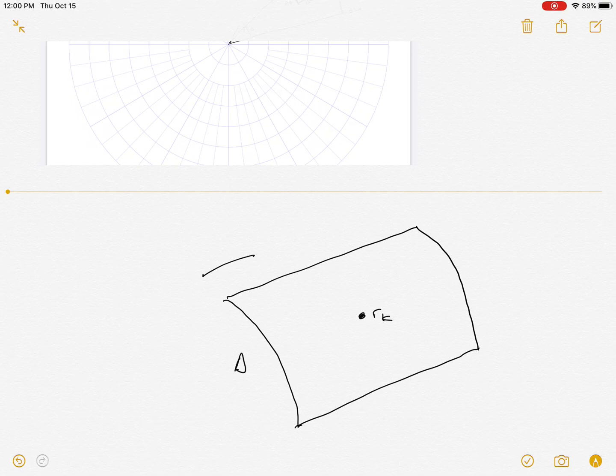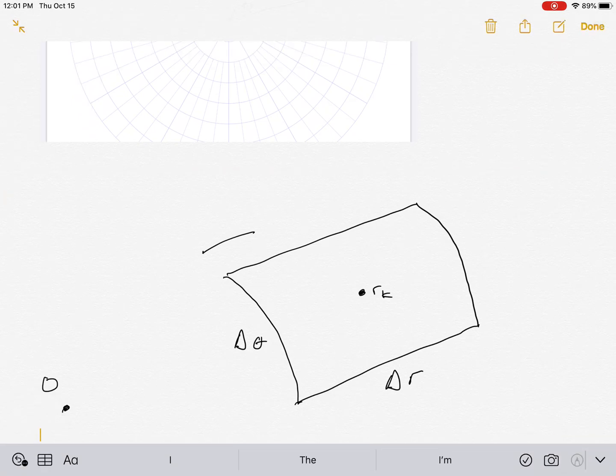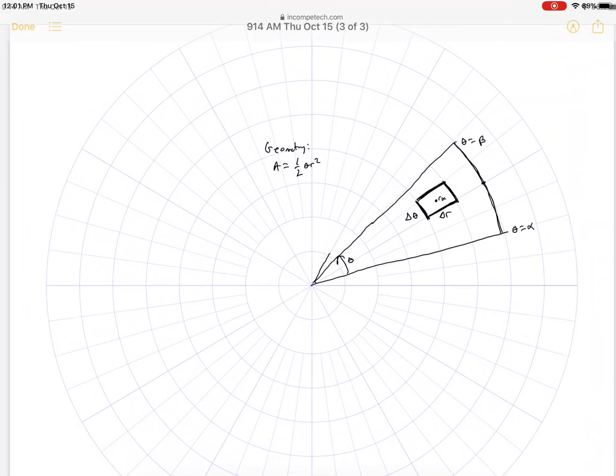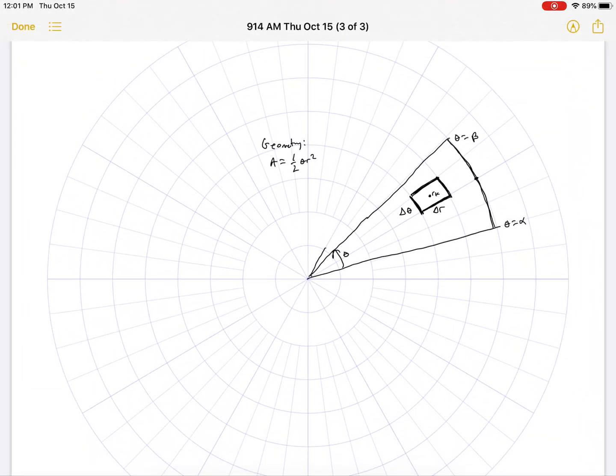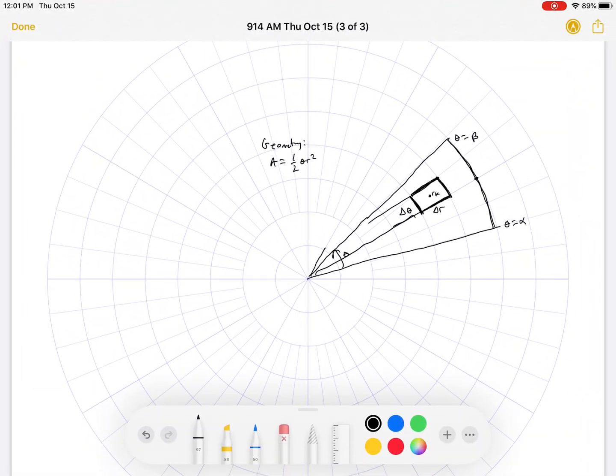This I said was delta theta, and this was delta r. Back down here somewhere is the origin. So to find this area, we want to find the area of the big sector and then subtract the area of the little sector. That's all we're doing.